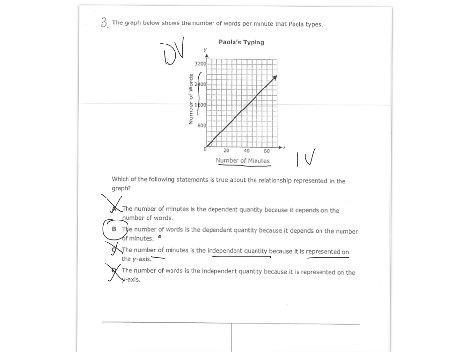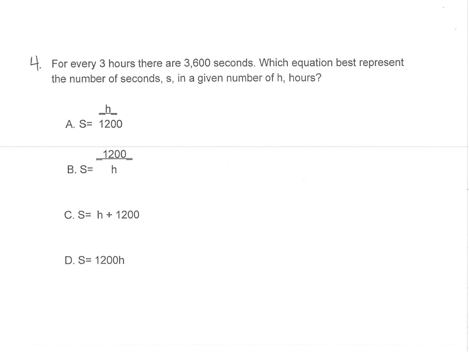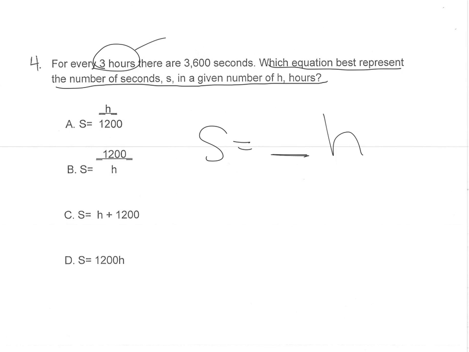Easy. Don't miss that. For every 3 hours, there are 3,600 seconds. Which equation best represents the number of seconds in a given number of hours? So this is going to have to be seconds equals something times hours. Okay? Well, if I know that in 3 hours there's 3,600 seconds, I'm going to have to divide that out.